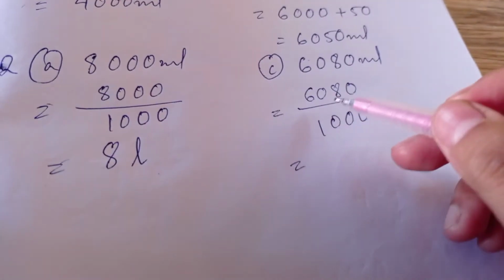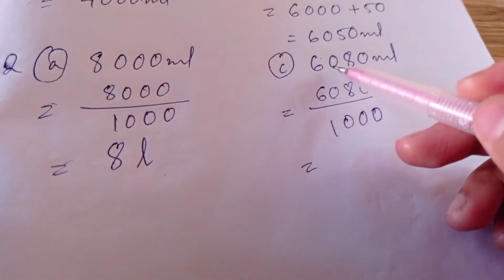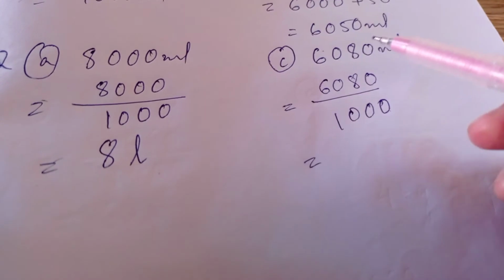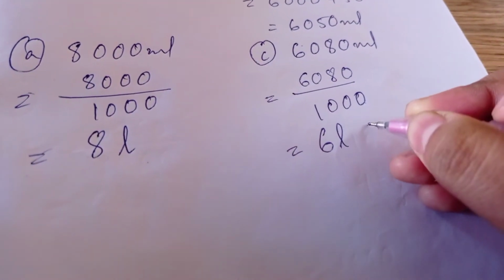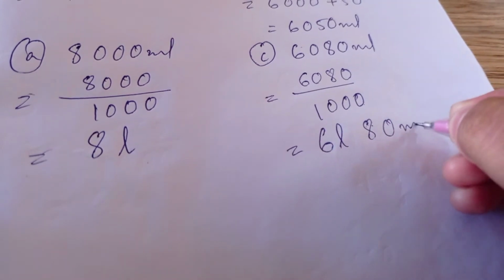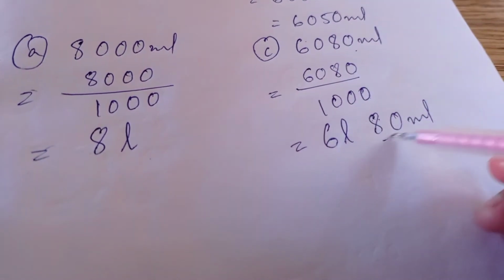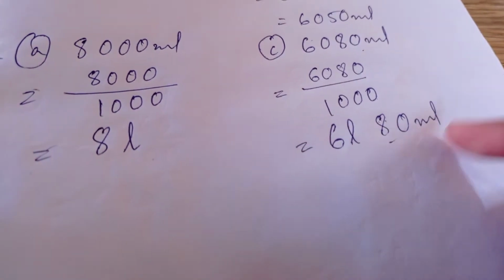If you divide, whatever quotient you get will be in liter, and whatever remainder you get will be in milliliter. So 6 liter 80 ml. 080 ml means 80 ml only. So this is the answer. I think you can do the other questions.